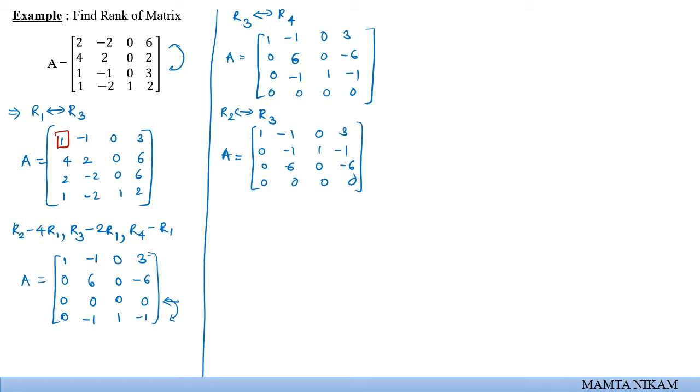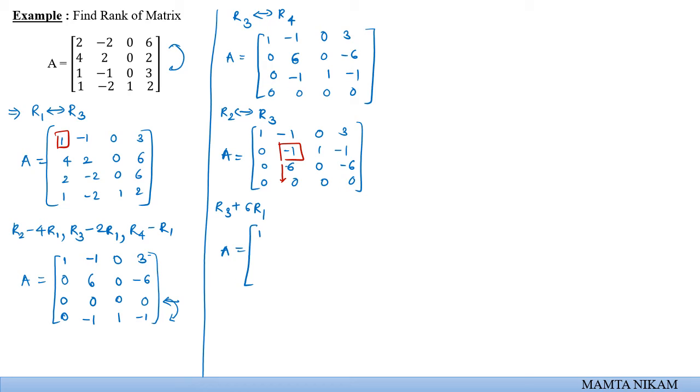Now we have to observe the second row and the second element in it. Second row, second element, we have to make all the elements below it 0. One is already 0, we have to convert the 6 term to 0. So what will be the transformation we can perform here? We can perform R3 plus 6 times R2, right? See, since here it is already a minus sign, we will perform R3 plus 6 R2. So what will this matrix be?